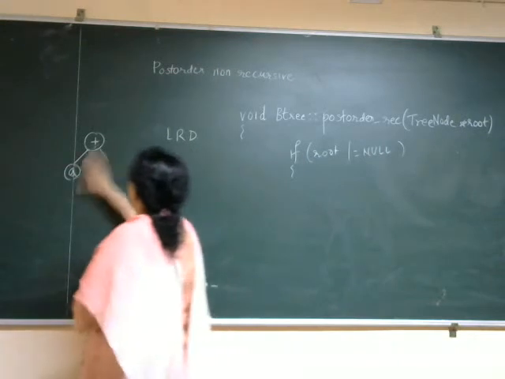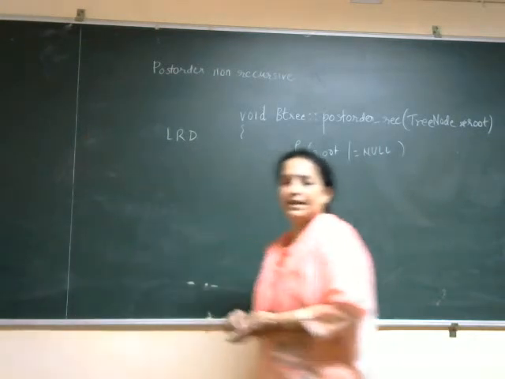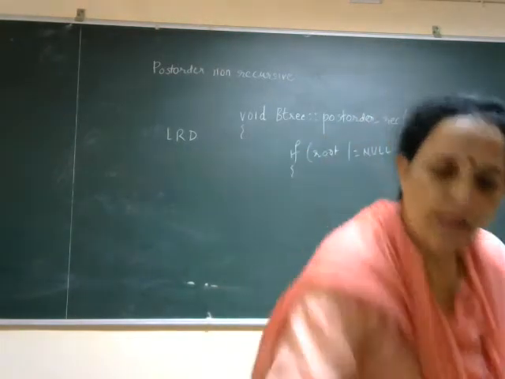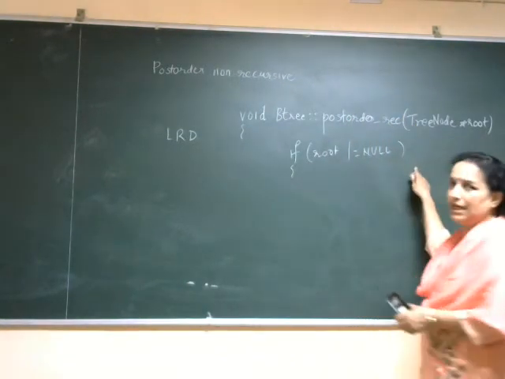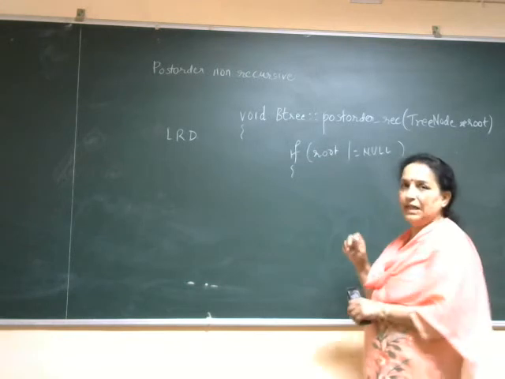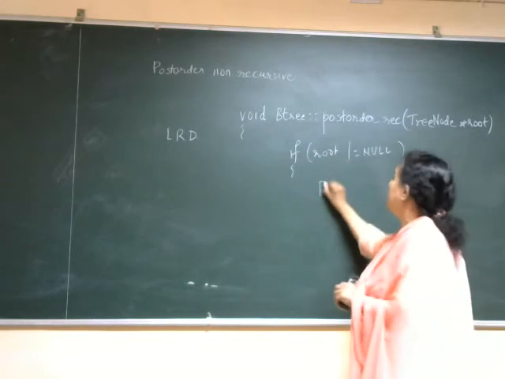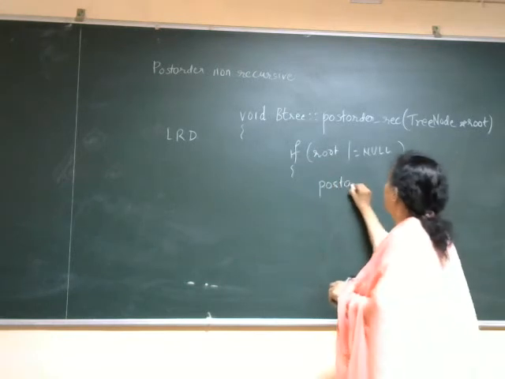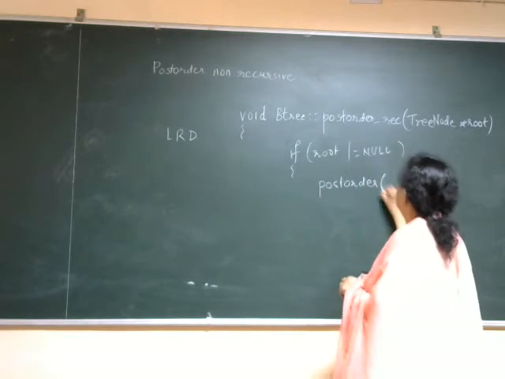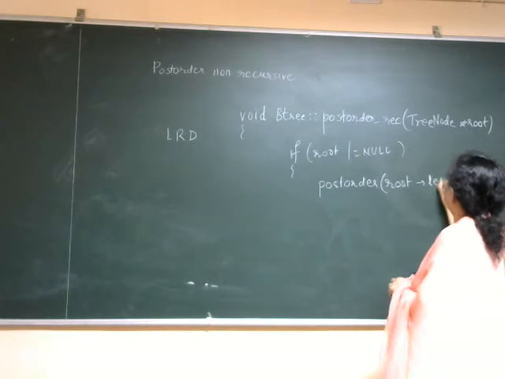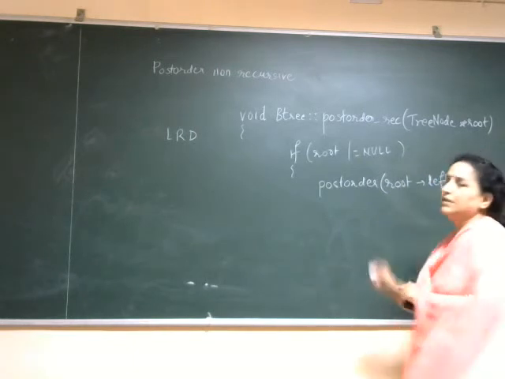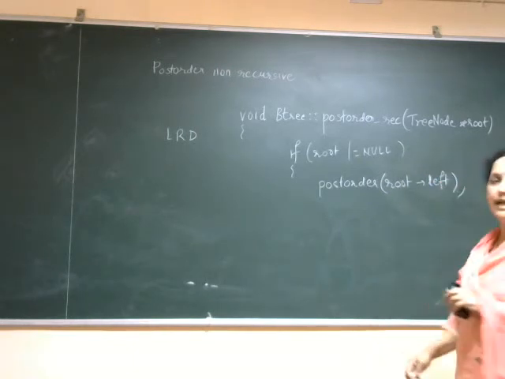Now we will see afterwards. First we'll take the code for this. If root is not equal to null, then we go to left, meaning we are calling post-order again with root pointer left. So this is the first call, as left.